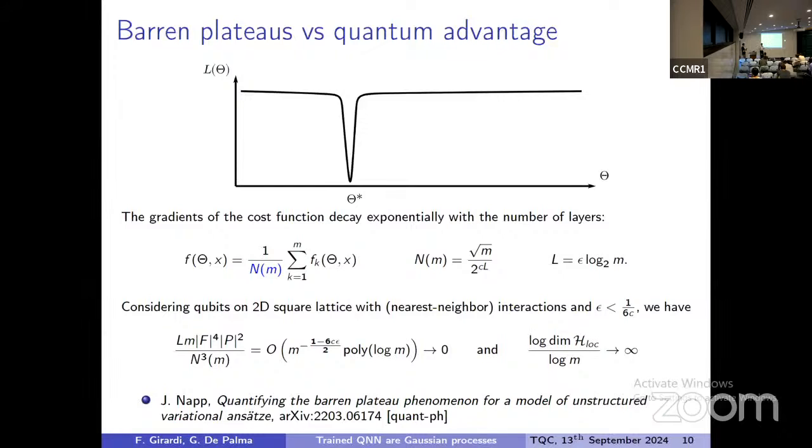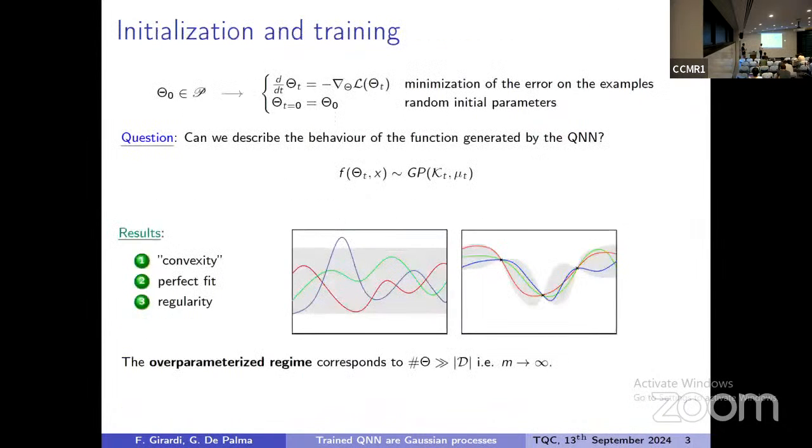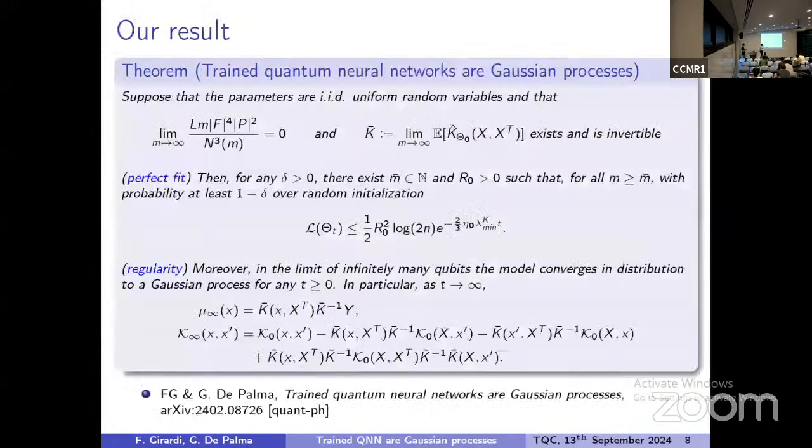No, our hypothesis, the hypothesis that I showed in the theorems, will fail because this normalization constant will be exponentially small, and so this limit will not be zero, it will be infinite. So when we have barren plateaus, at least with our techniques, we will not have this result. In general, we will not have trainability.